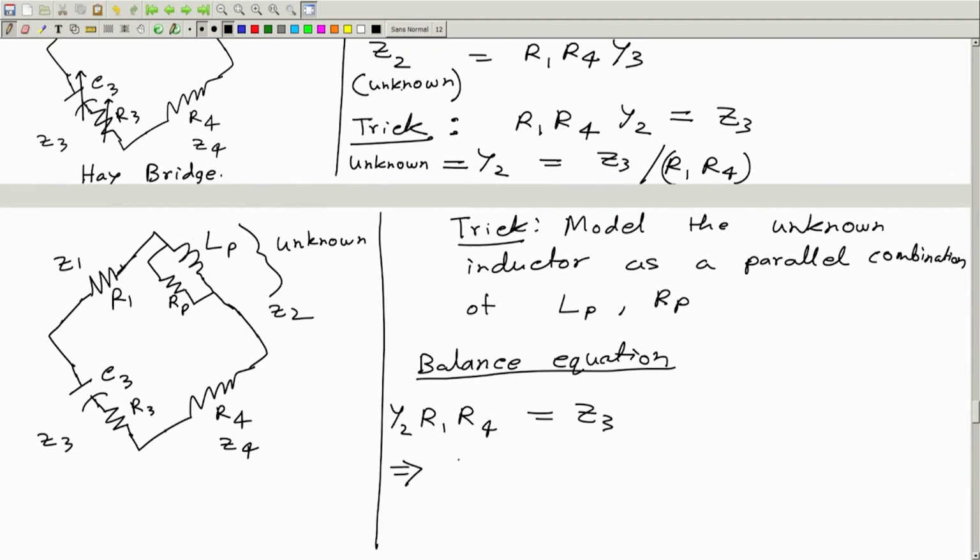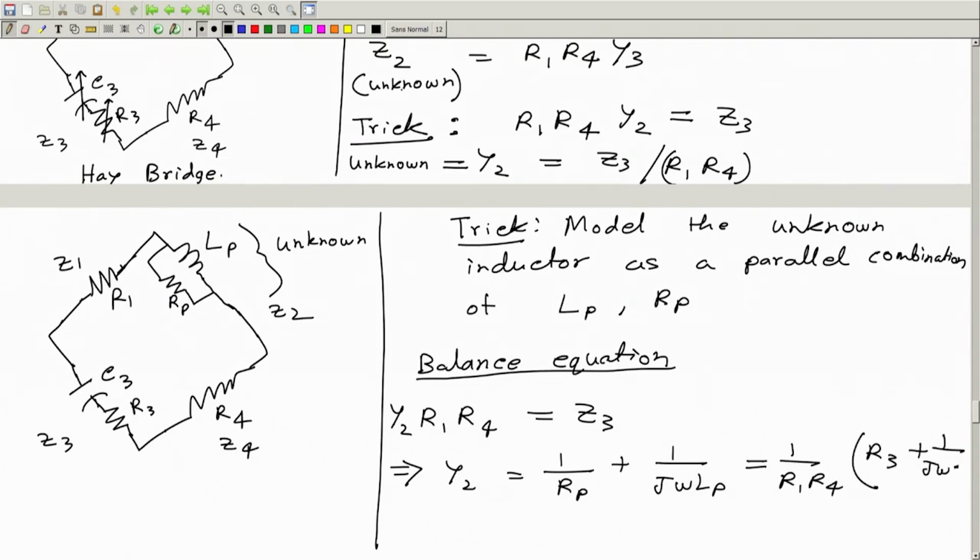Y2 is the same as 1 over Rp plus 1 over j omega Lp, the admittance, that means the conductance plus susceptance, and this should be equal to Z3 divided by R1 R4. So, 1 over R1 R4 times Z3, write it as R3 plus 1 over j omega C3.